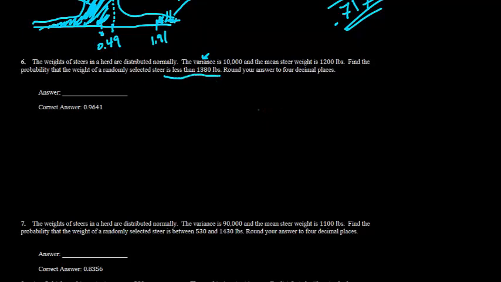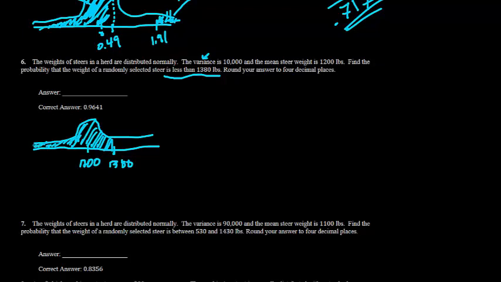So let's draw two curves here. Let's draw a first curve that has a mean of 1,200 pounds. And what is the randomly selected steer less than 1380? So 1380 will be over here somewhere, and you're looking for the probability of drawing one of these guys at random.